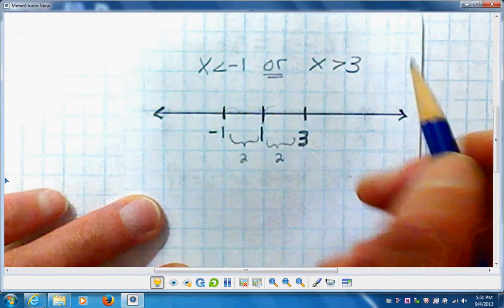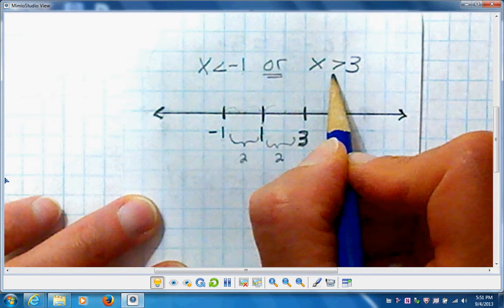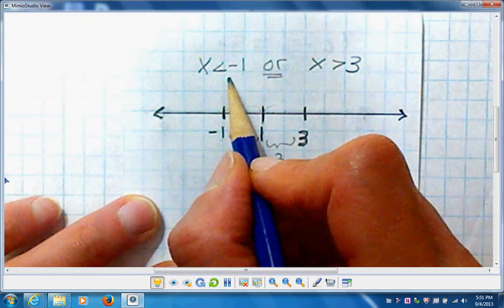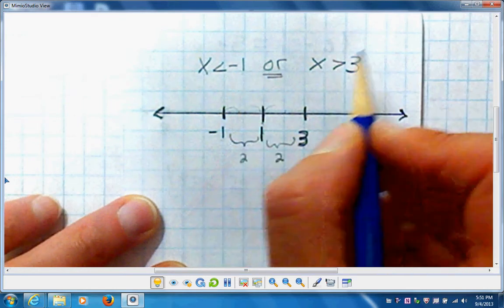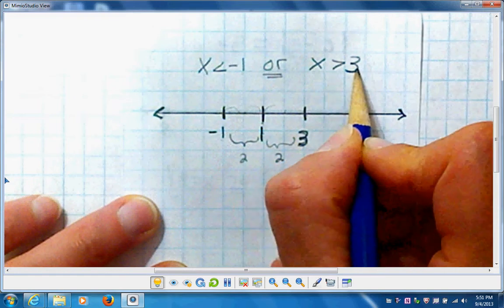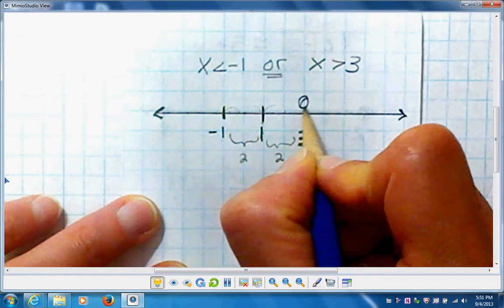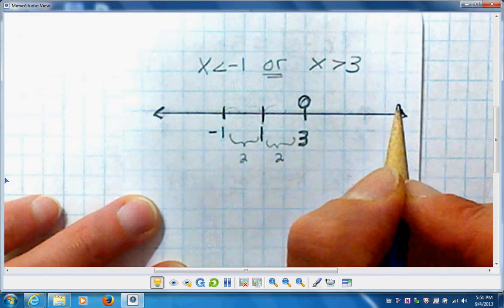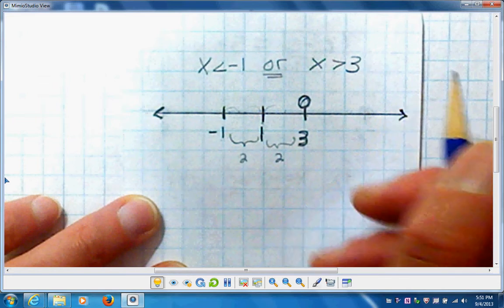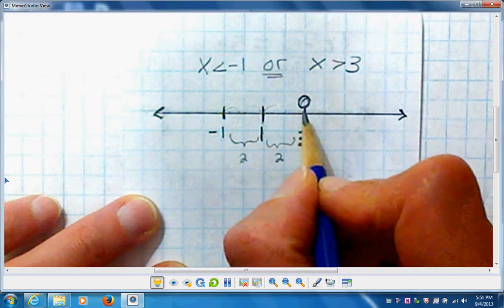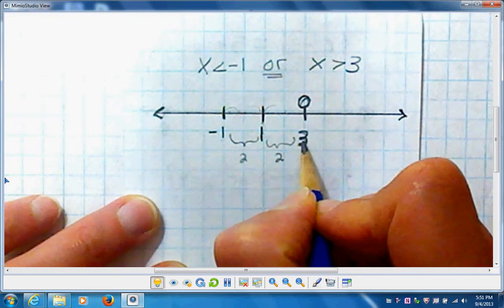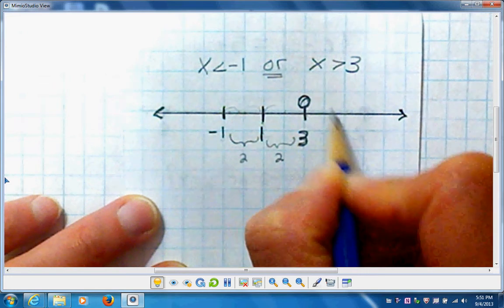I need to go ahead and draw in where my values of x live. So here x is greater than 3. So I'm going to be at 3. I'm not going to color it in because it cannot equal 3. It just comes really close to 3. So x is greater. Which way is greater? Well, this goes 3, the next one would be 4, 5.